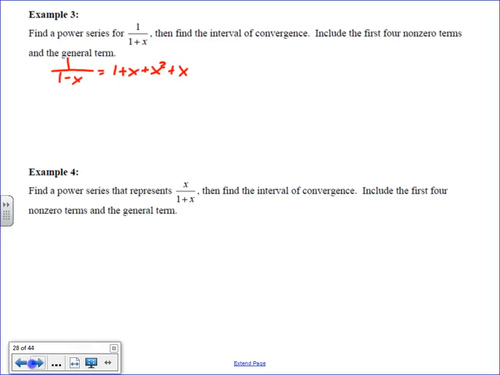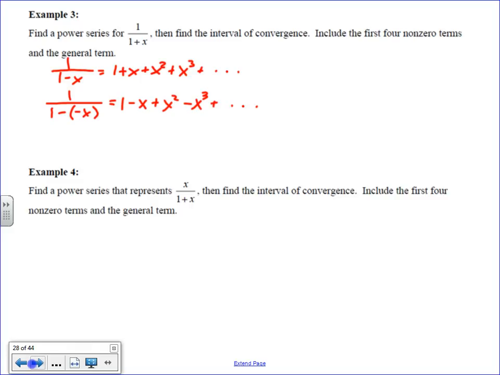To get a plus, what do I need? Plug in a negative x instead of a positive x. Does that make sense? I can do 1 minus a negative x, right? And then I can say, okay, plug in negative x. That'll be minus x, plus x squared, minus x cubed.